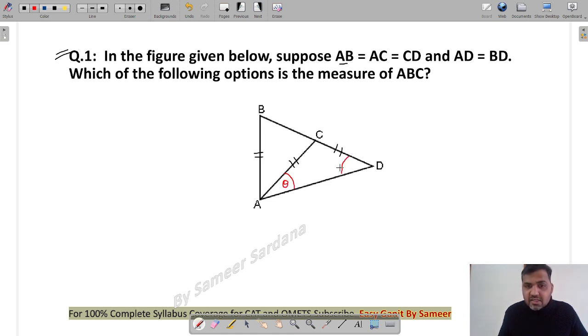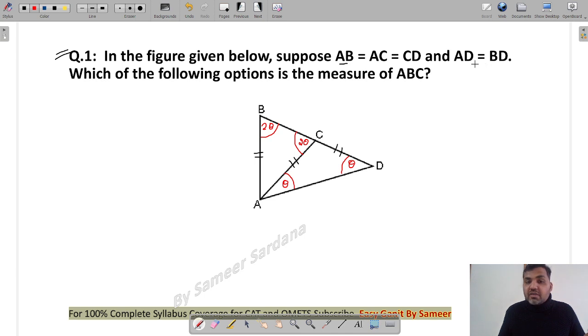If this angle is theta, this angle will also be theta. Angle ACB is an exterior angle of triangle ACD, so this angle will be equal to 2 theta. Because AC and AB are equal in length, the value of these two angles will also be the same, so this angle will also be 2 theta.